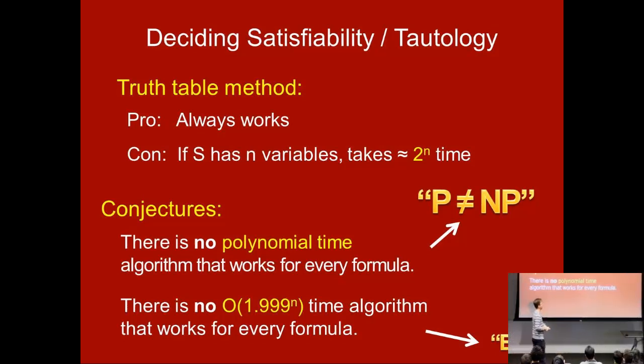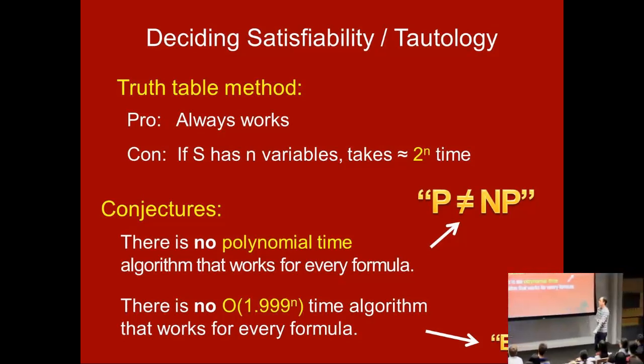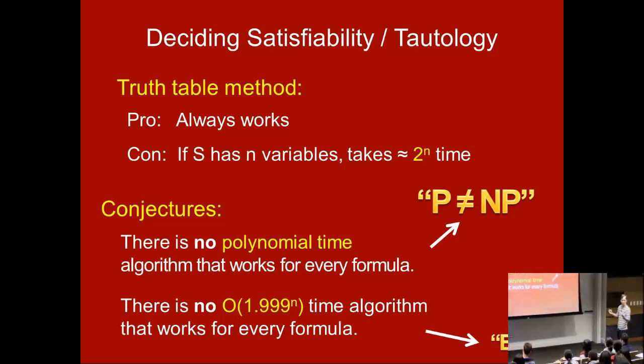That's a very famous conjecture. It's called the P does not equal NP conjecture that Anil mentioned last time. One of these $1 million problems from the Clay Foundation. It's probably the biggest open problem in computer science, one of the biggest open problems in all of mathematics. And there it is. I just told it to you. Checking whether a formula is satisfiable cannot be done with a polynomial time algorithm.